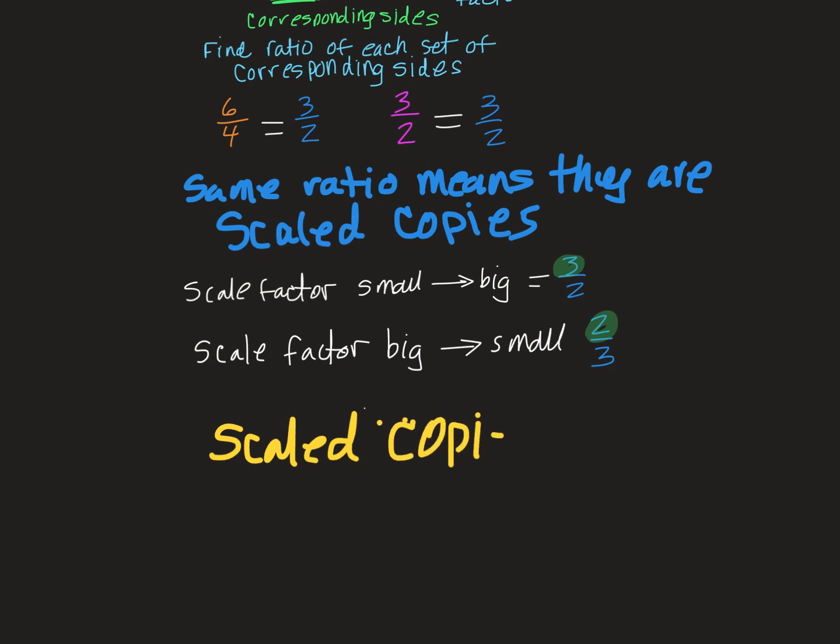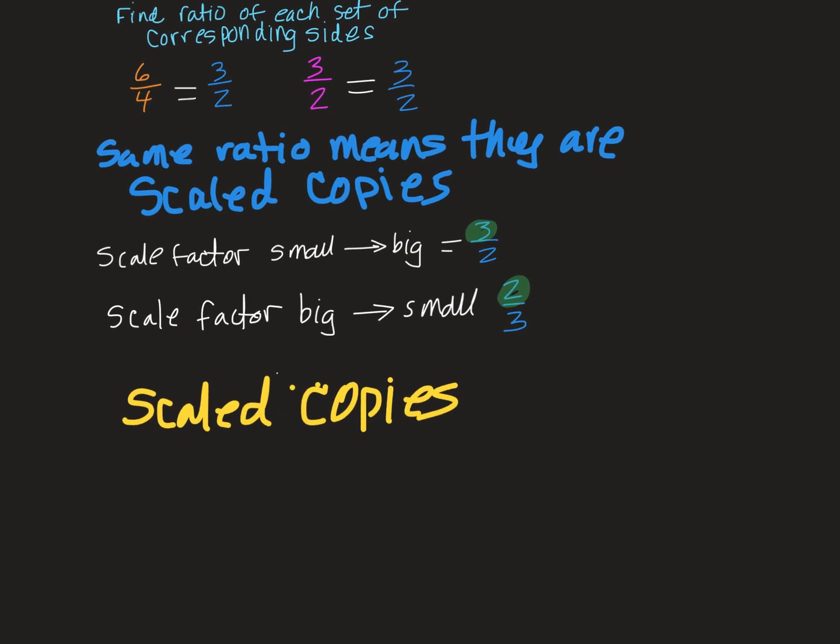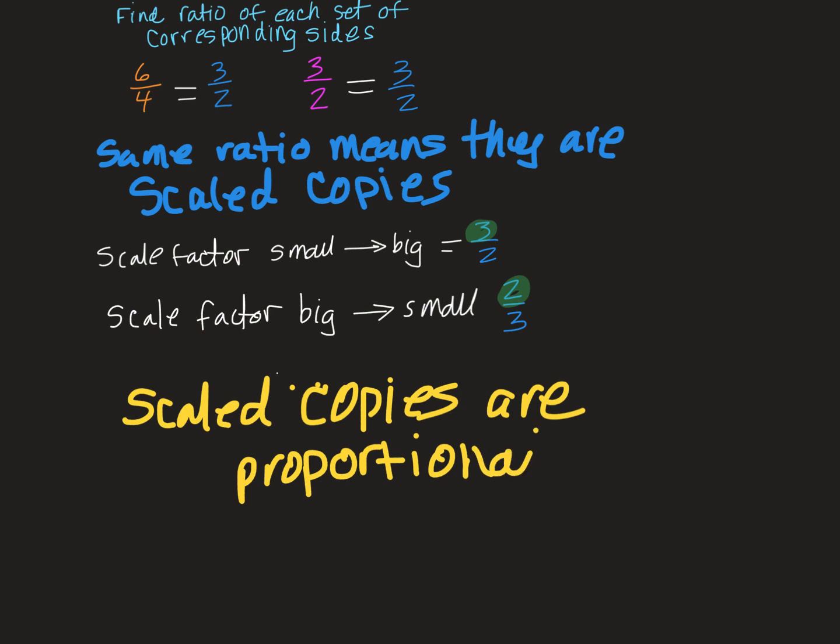Proportional simply means, do they simplify to the same ratio? You heard the word proportional a lot last year. What does proportional really mean? It just means that they have the same ratio. So for it to be a scaled copy, they have to also be proportional. And it's just another way of saying that they would have the same, like 2 equal ratios.